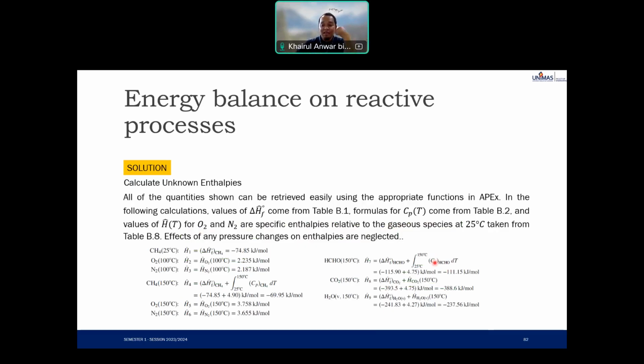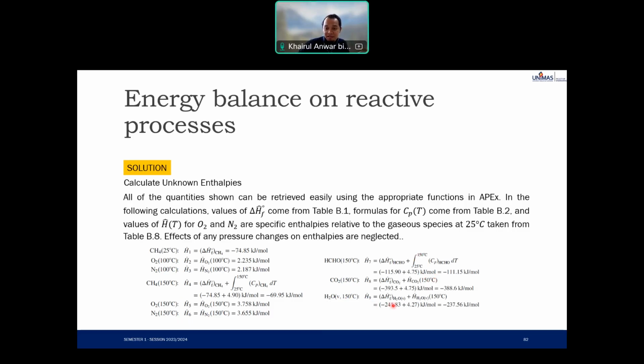You need to integrate. How about CO2? It is also a formation: 1 C plus 1 oxygen becomes CO2. Because CO2 is inside table B8 at 150 degrees C, you can choose from table B8 directly, no need to do CP like this.